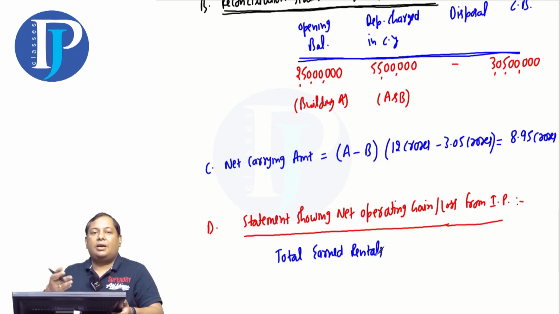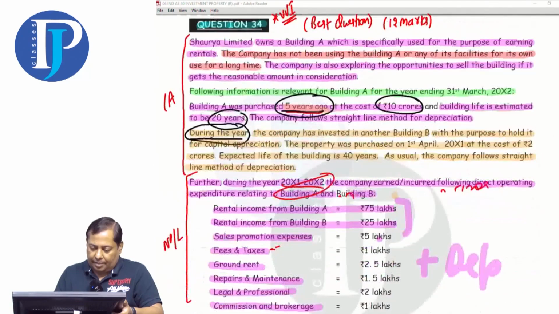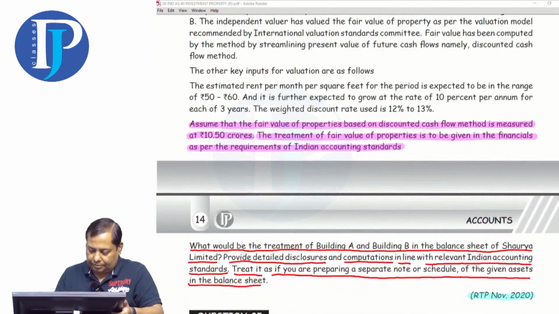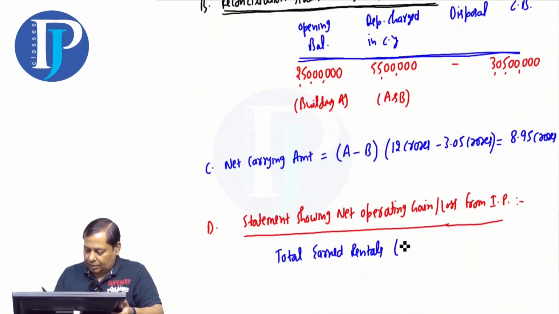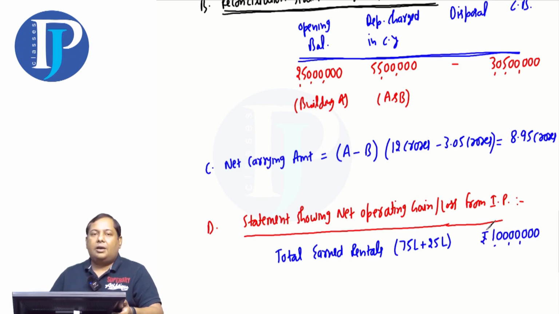You need to see the question to know how much rent you received. You have received a rent of 75 lakhs plus 25 lakhs. So you have received a rent of 1 crore.